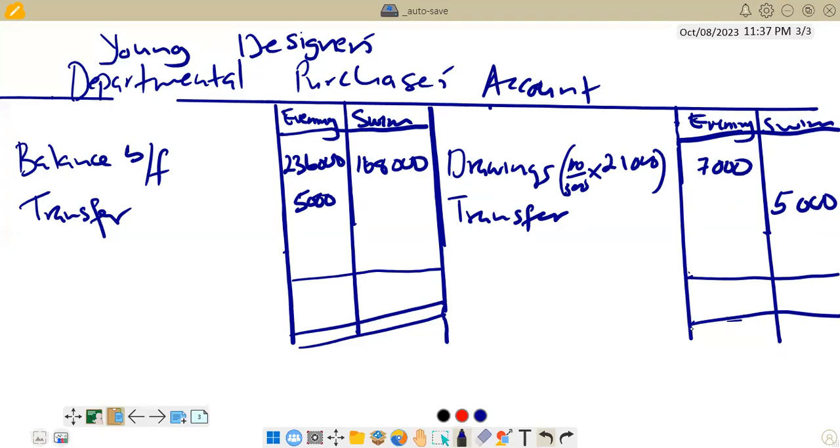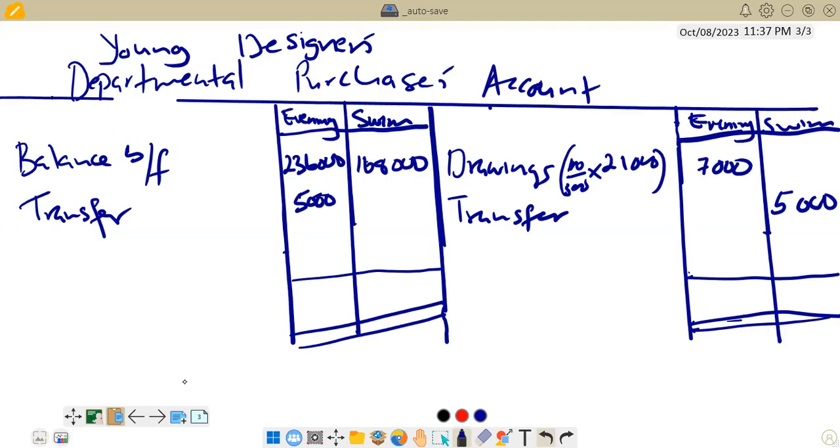Remember, this should be in the same line, this side and this side. Right. If we add, the remainder is supposed to be transferred to the trading account. Remember, purchases is part of the trading account.